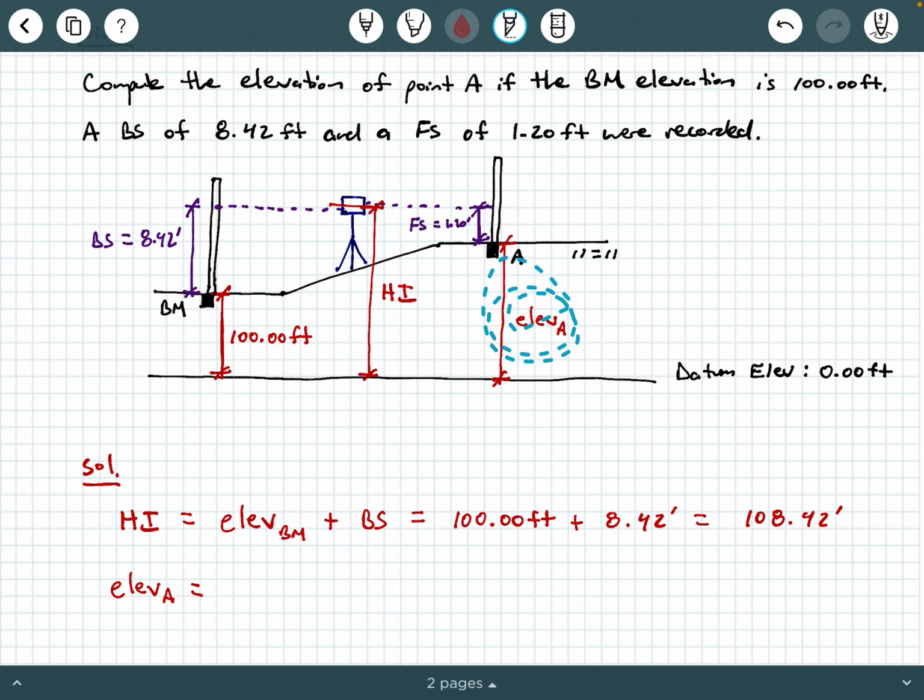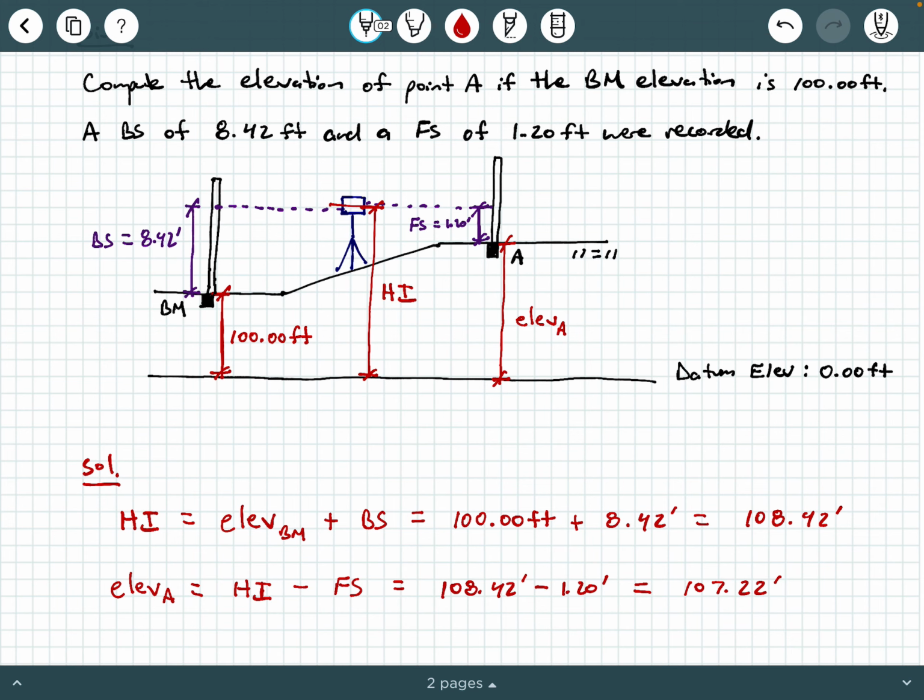Then finally, we can say the elevation of point A, which is this dimension that we're looking for here, is going to be equal to that height of instrument minus the foresight value. So we're going to say that's 108.42 feet minus 1.20 feet, and you should get 107.22 feet, okay?